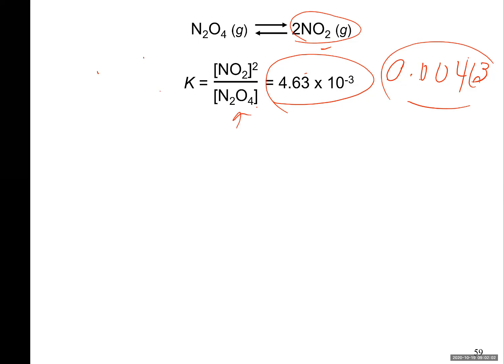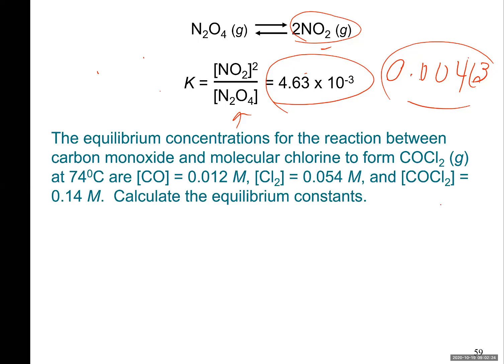That means the bottom of this ratio is much larger than the top of this ratio. And that's why the equilibrium constant is less than 1. So this equilibrium doesn't go very far towards the right. It remains mostly as reactant.